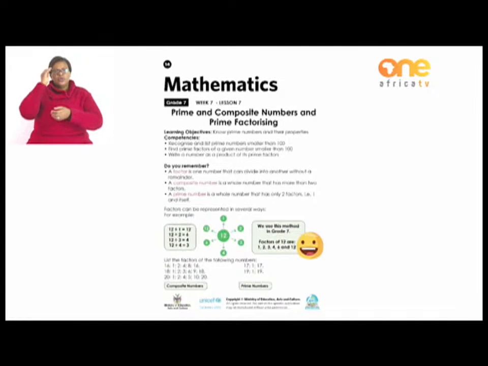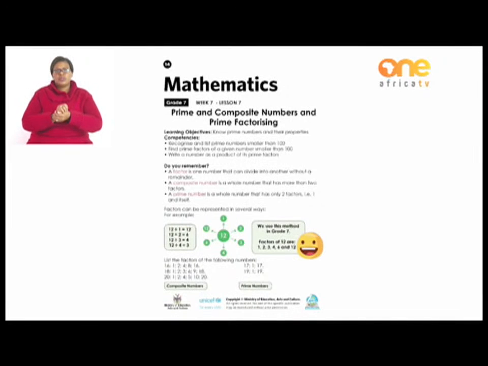The competencies are to recognize and list prime numbers smaller than 100, find prime factors of a given number smaller than 100, and give a number as a product of its prime factors.